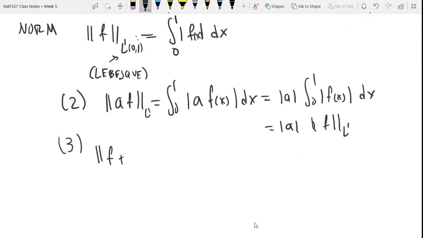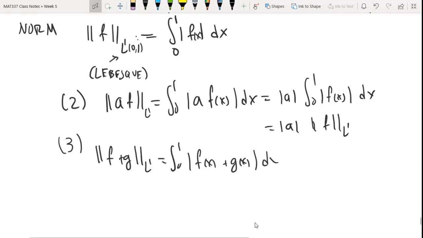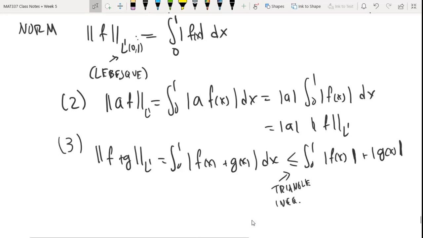What is it? The norm of f plus g is the integral of the absolute value of f of x plus g of x. Then use the triangle inequality for absolute value. And then use linearity. So I think it's clear.